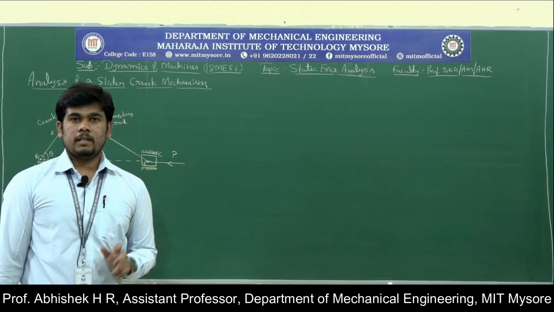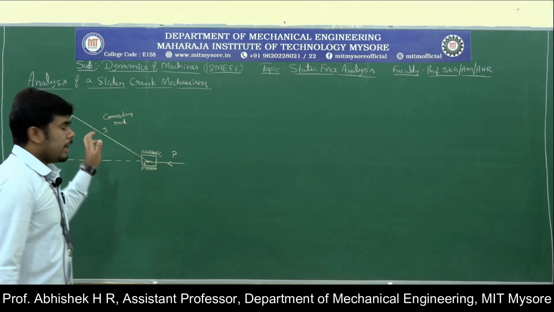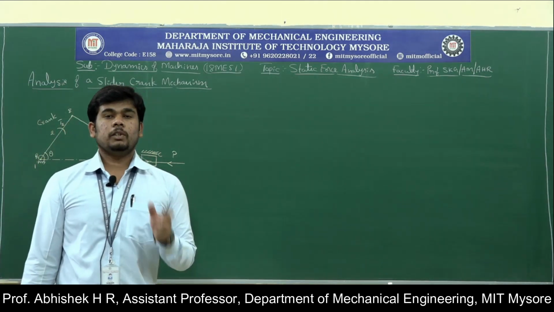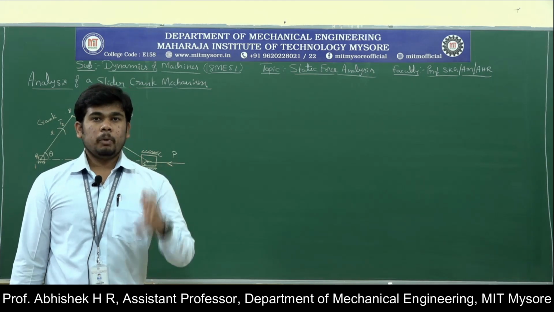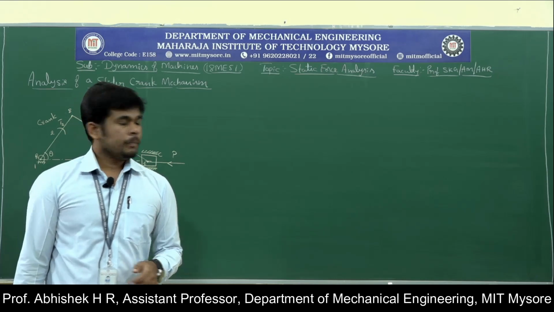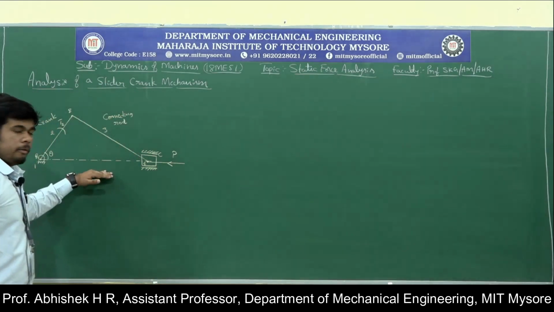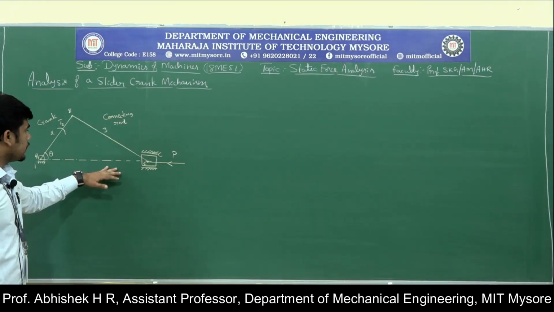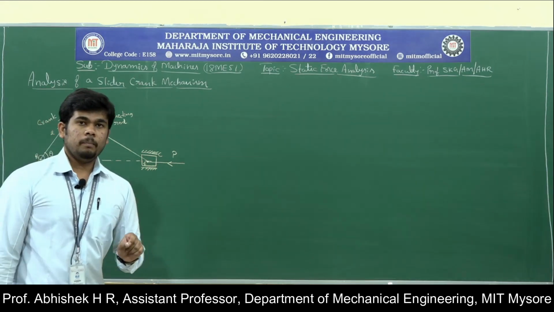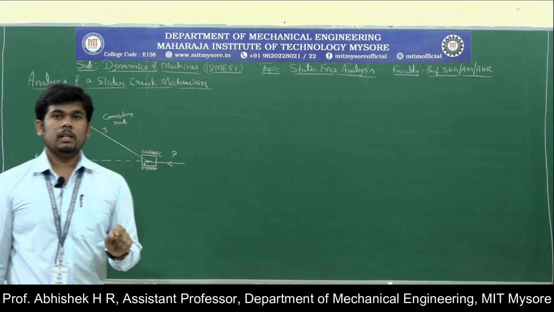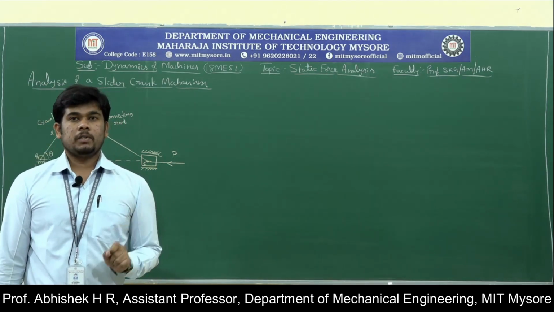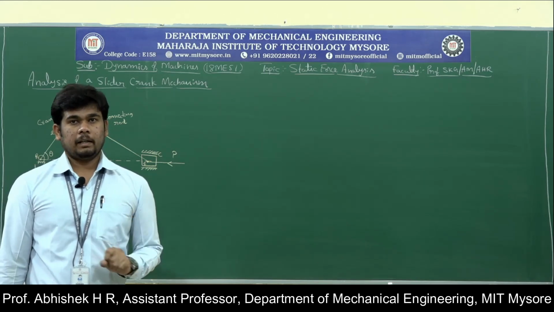So we can say that slider crank mechanism is an arrangement of mechanical elements that is used to convert the reciprocating motion into rotary motion of the engine. With respect to that, I have constructed the slider crank mechanism.